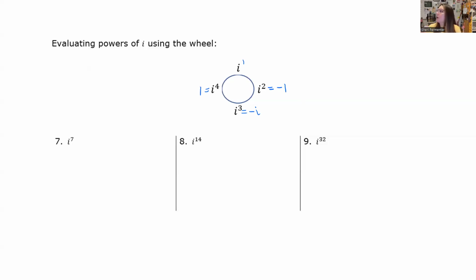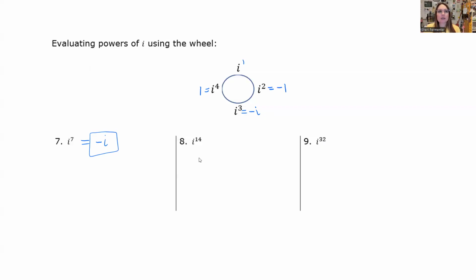So I'm going to show you how this works. i to the 7th, I'm going to count until I get to 7, starting with 1. 1, 2, 3, 4, 5, 6, 7. i to the 7th equals negative i. There's not really any math involved, it's just counting.